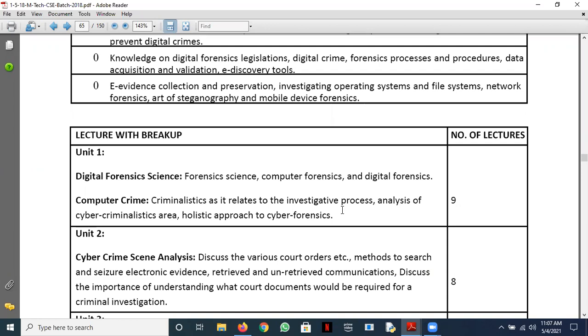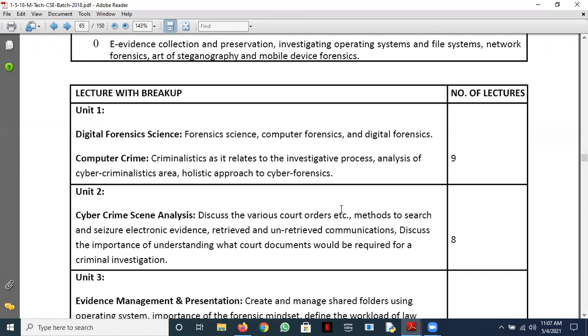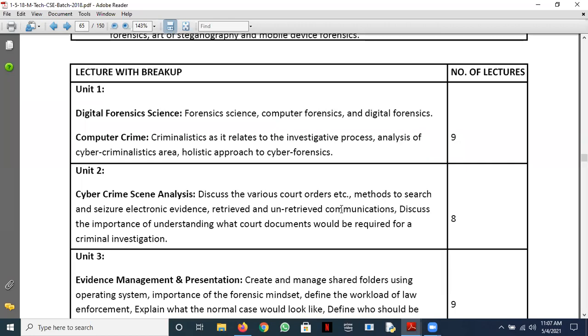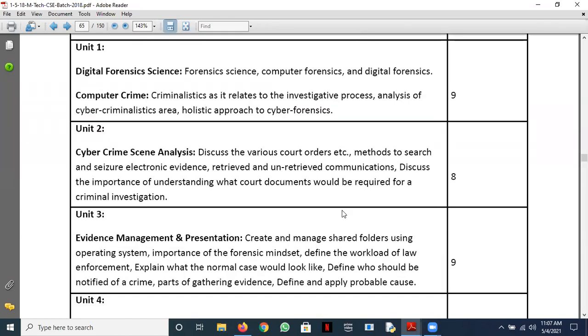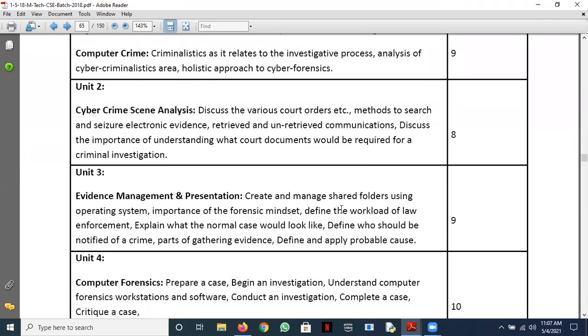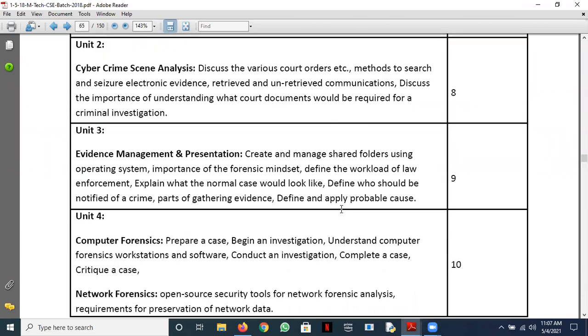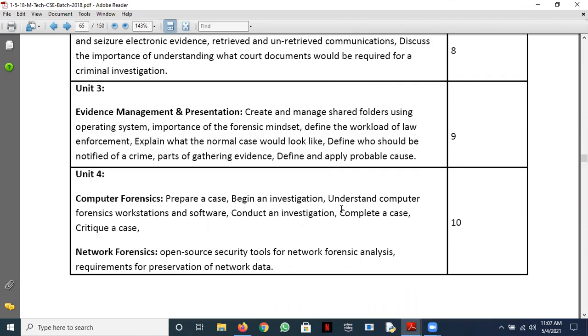Then there is computer crime scene investigation. In Unit 2 also, cyber crime scene analysis. Then in Unit 3 we have evidence management and presentation: how the evidence is managed, how it is presented. And the fourth unit is computer forensics and network forensics.